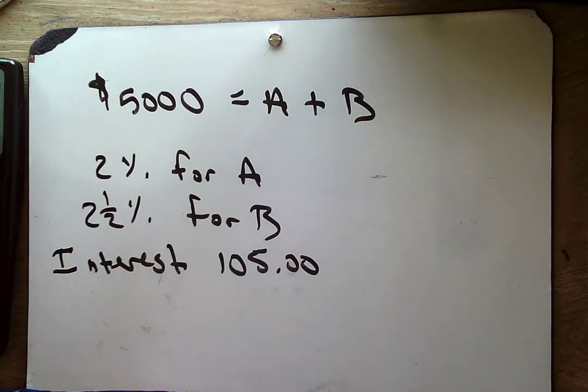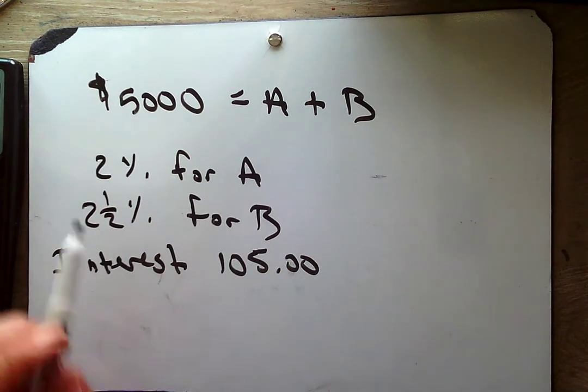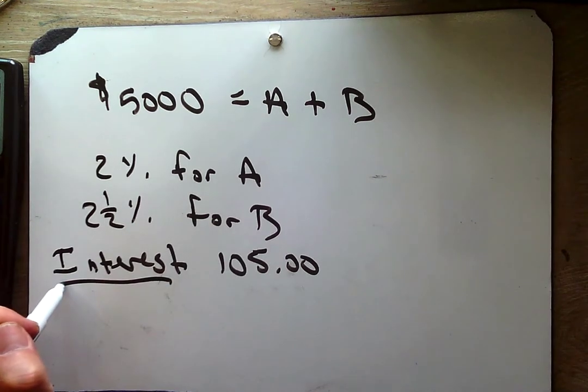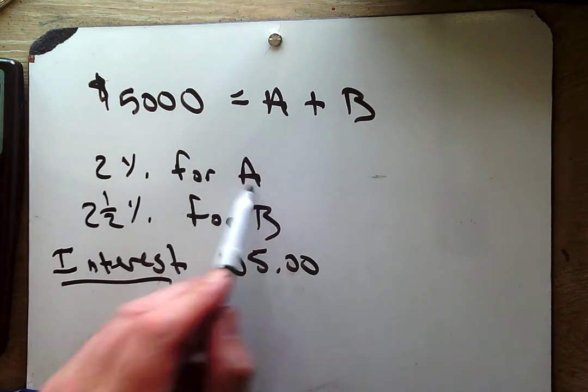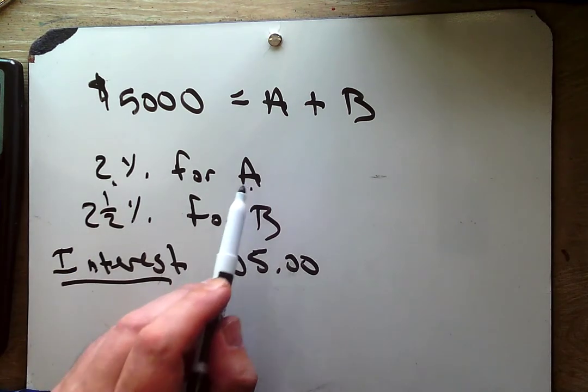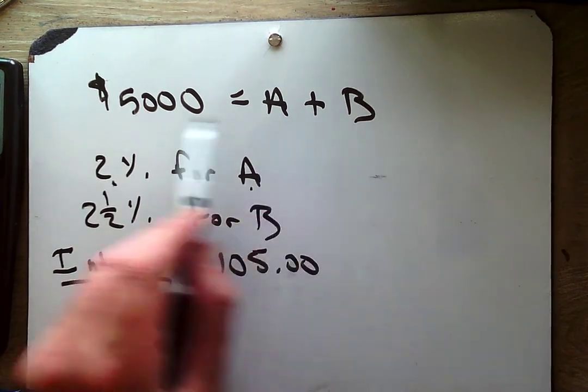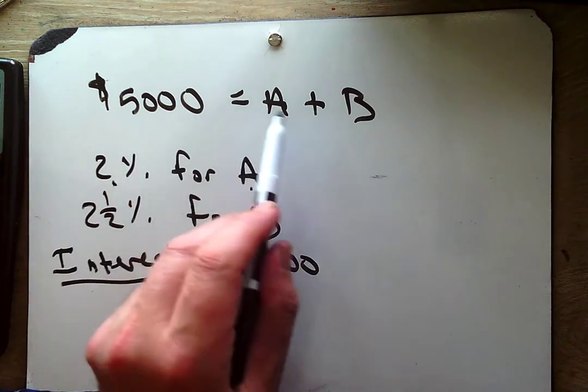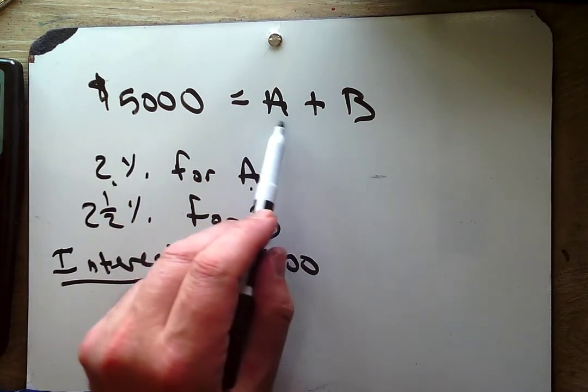All right. So what was that simple interest formula? It was principal times rate. A plus B should add up to 5,000. This number is between 0 and 5,000.